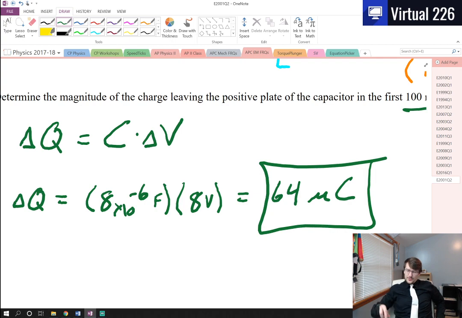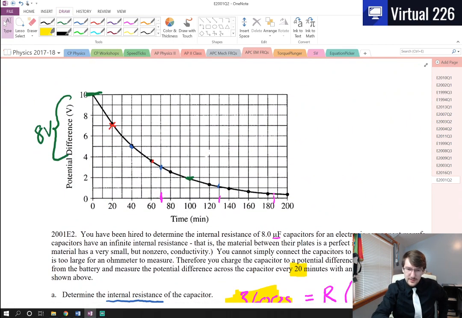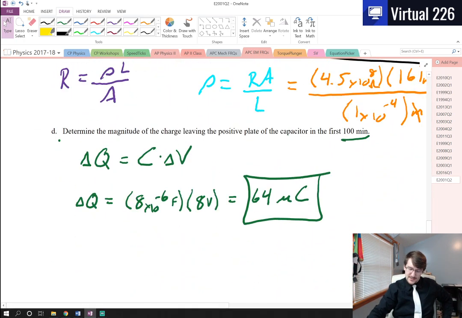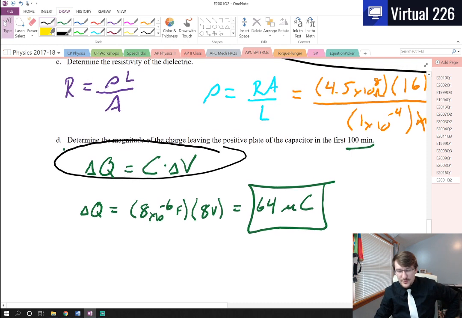Another neat way you could do it is, since this is a potential difference, you could figure out what a current time graph would look like and then take the area of it. But by far, this is the easiest way to do it. You didn't have to do any calculus with it. You just got the values straight up because you knew an initial and starting point.